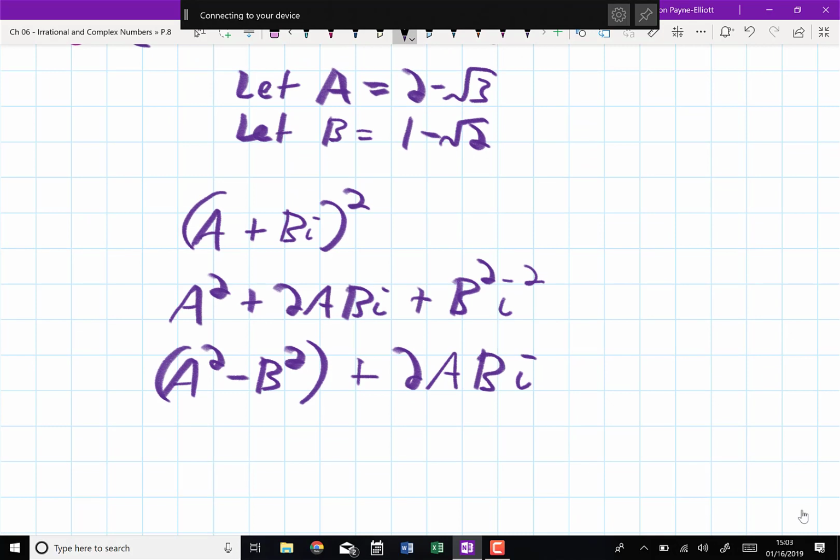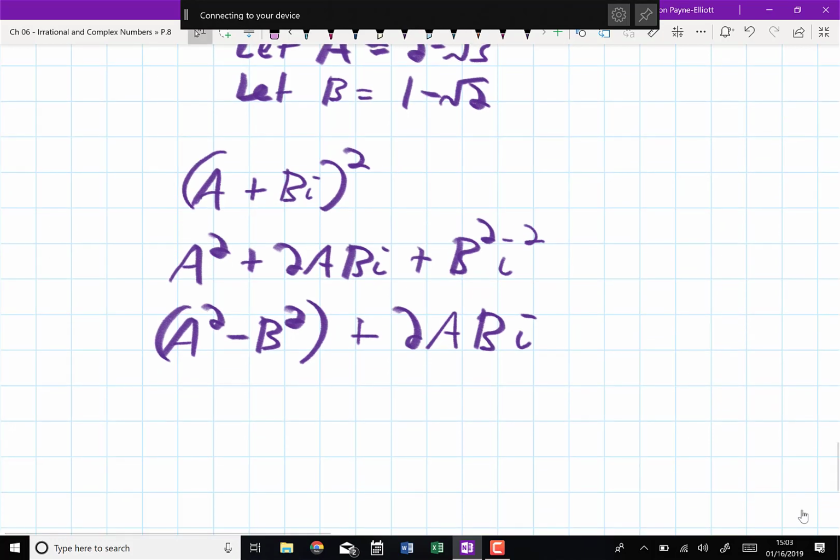And a squared minus b squared, I know we can factor that, but our goal is to simplify. So now it's time to plug everything back in. That's the real part. It doesn't have an i on it anymore, so that goes together. And the 2ab is also going to go together.